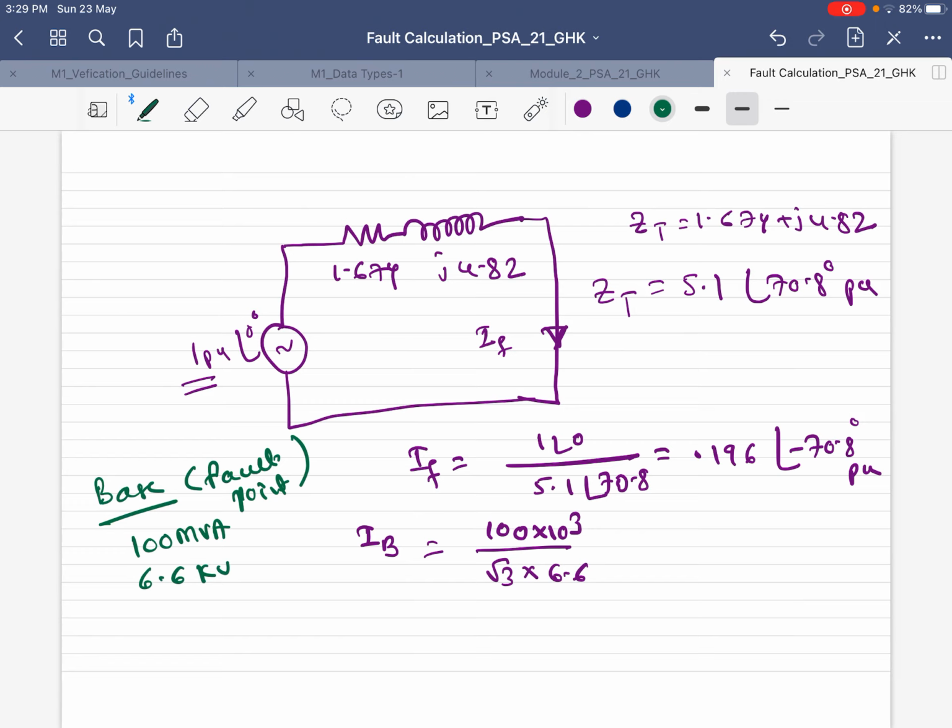Therefore, the base current will be 8750 amperes.